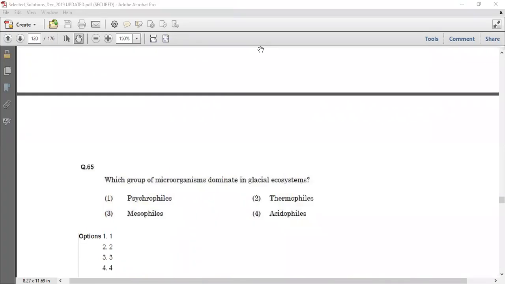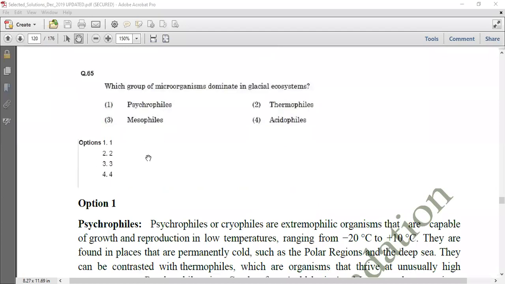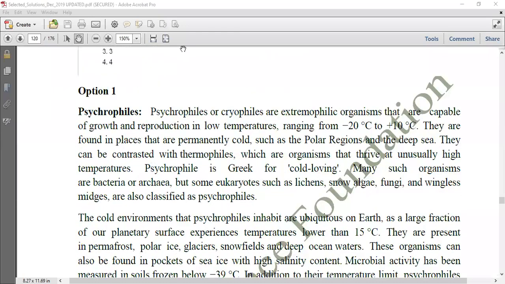It's also a microbiology related question, environmental microbiology. It says, which group of microorganisms dominates in the glacial ecosystem? First of all, we will see different varieties of these microbes: psychrophiles, thermophiles, mesophiles, and acidophiles.